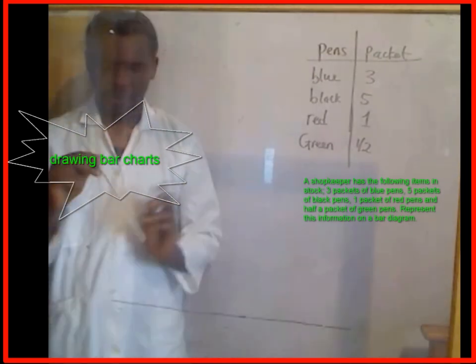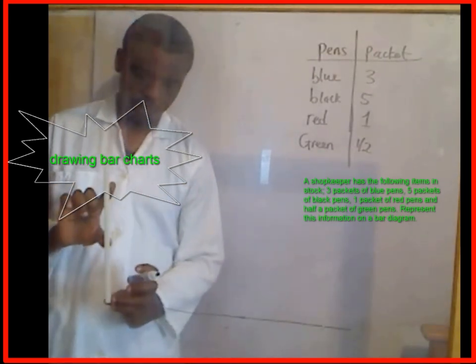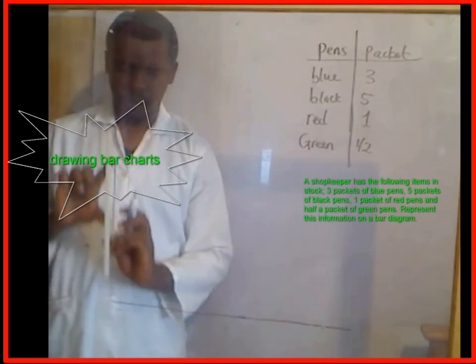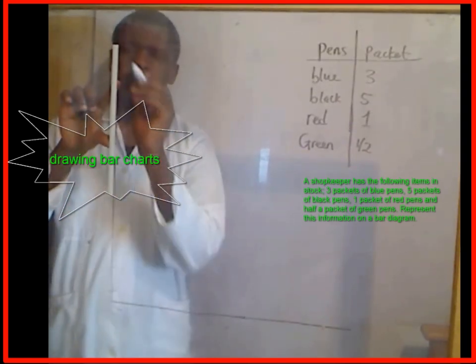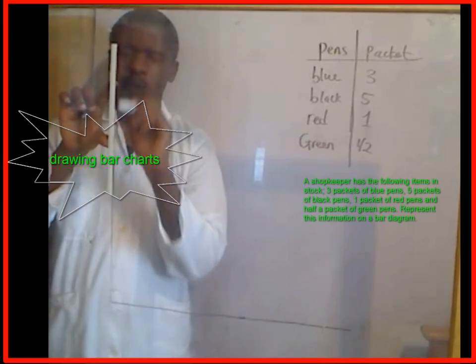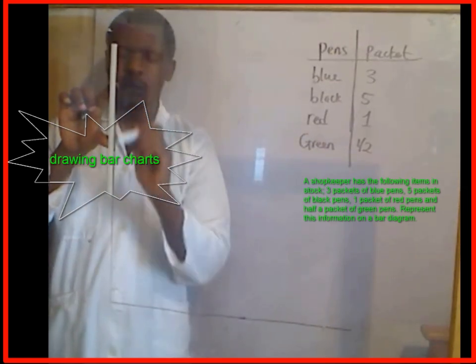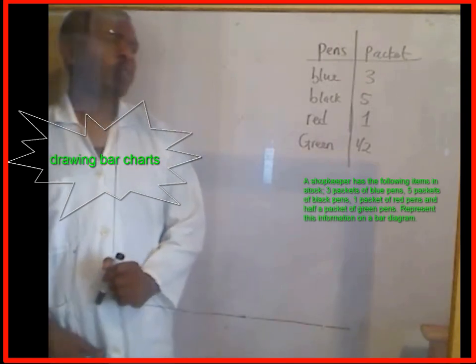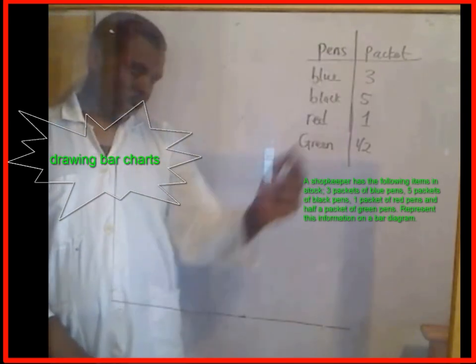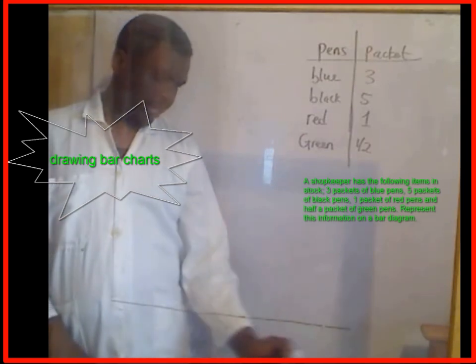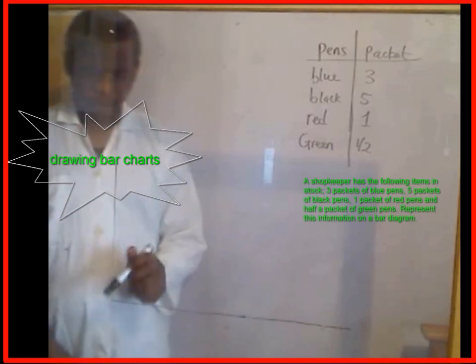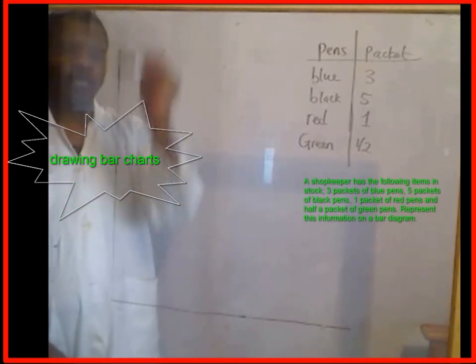This is our horizontal line. This is our vertical line. What do we see? We see that our categories should go down here. That's the different types of pens, and the number of packets should be on the vertical.